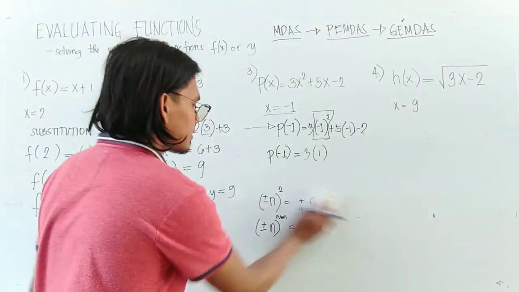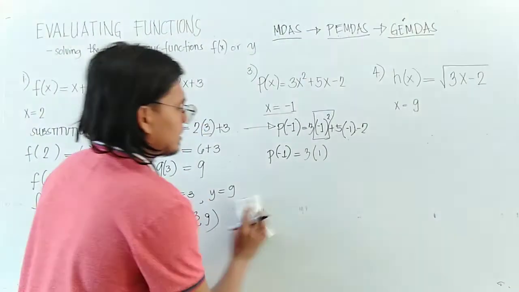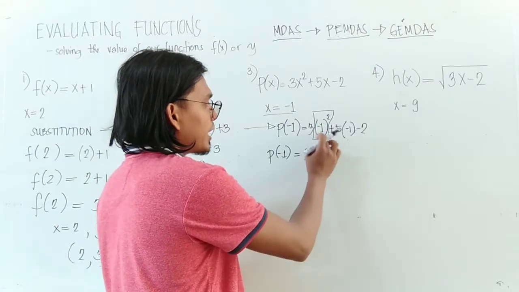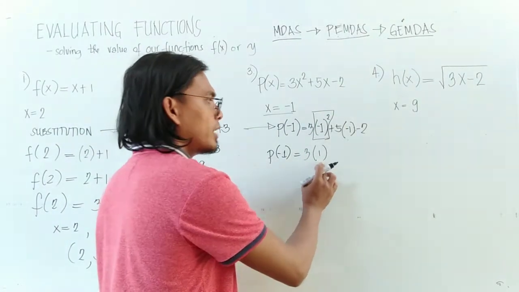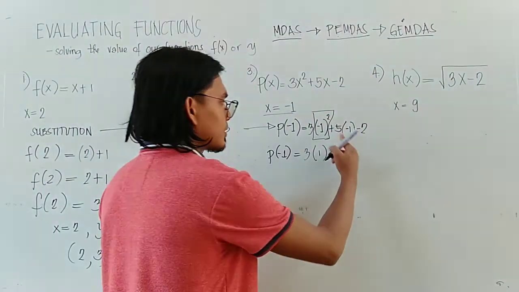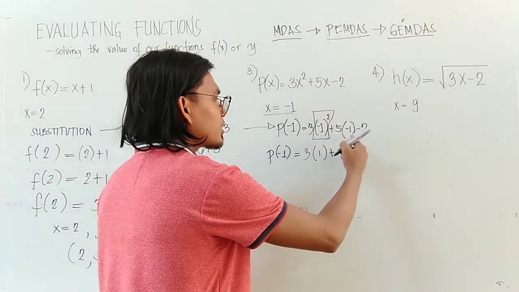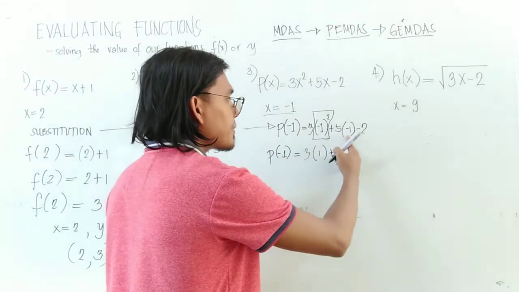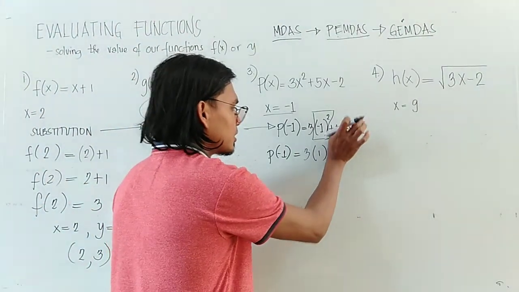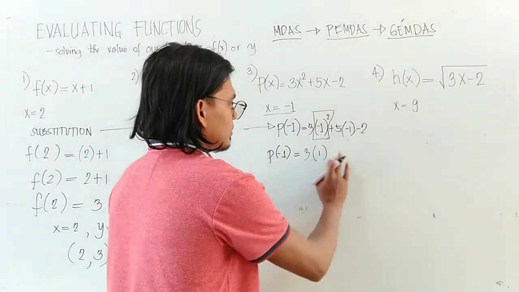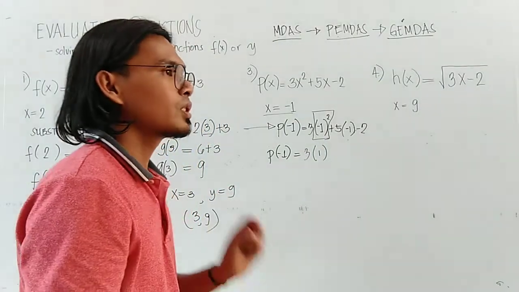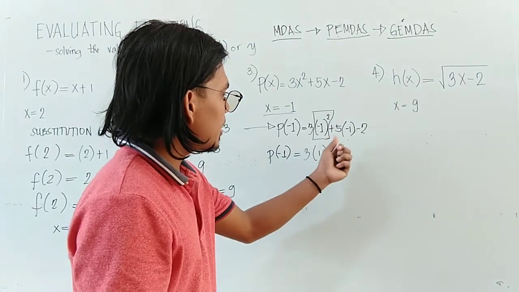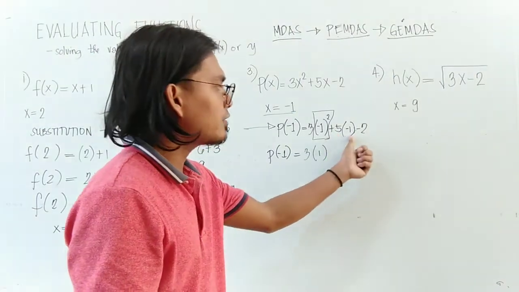Again, let's go back. So the result of negative 1 squared is positive 1 plus, okay, so we don't have any exponent, so just proceed to multiplication. So we have 5 times negative 1. Applying the rule, we are multiplying positive and negative numbers.